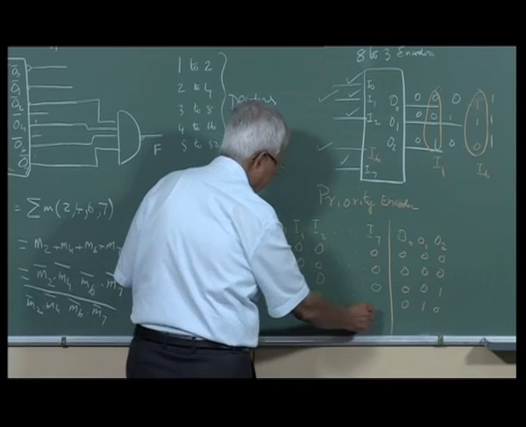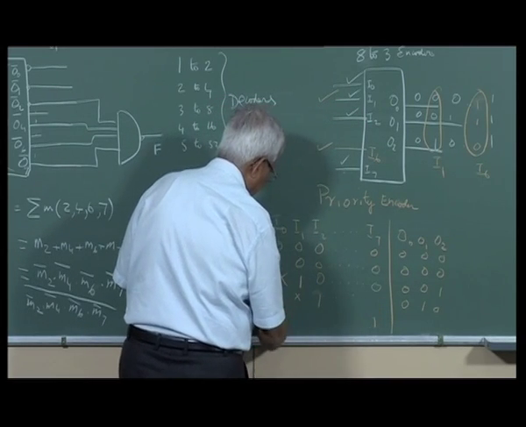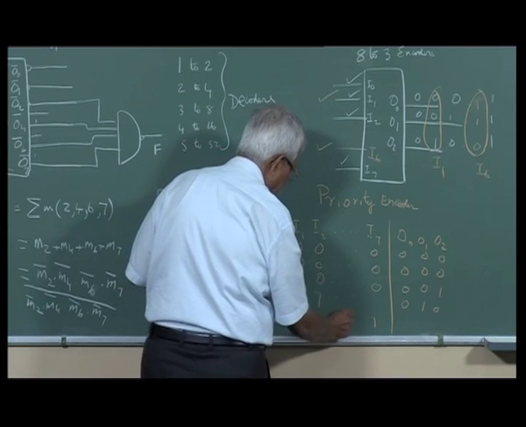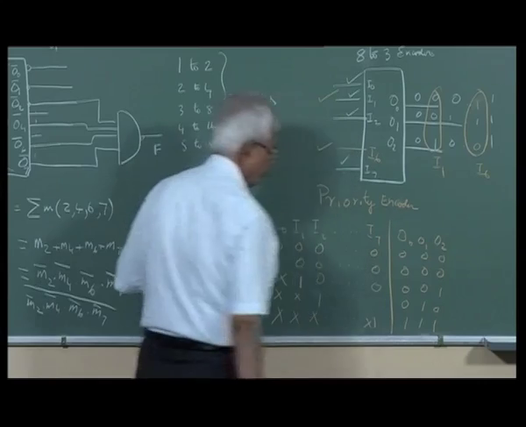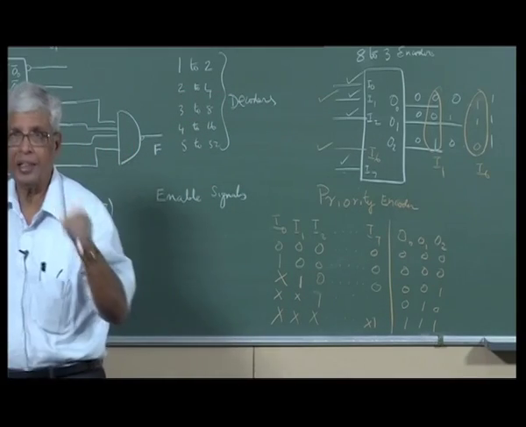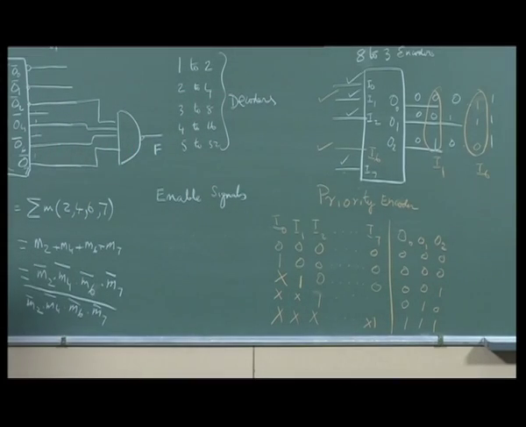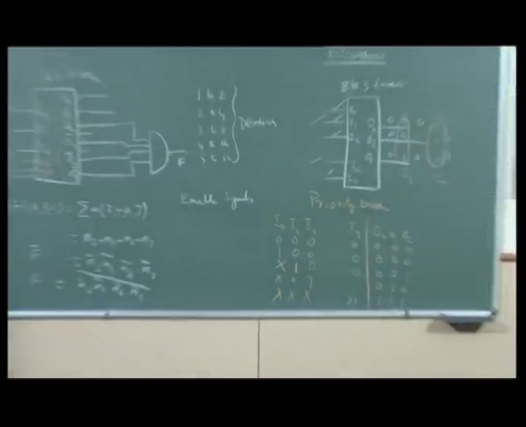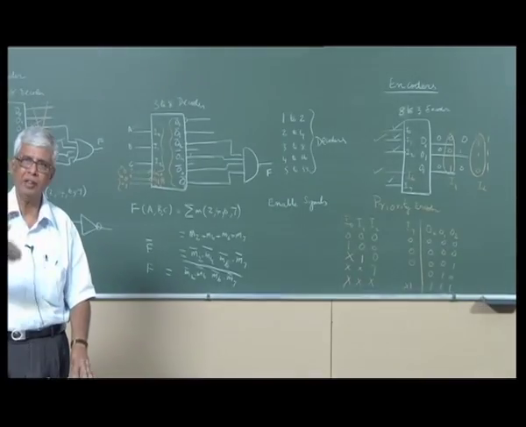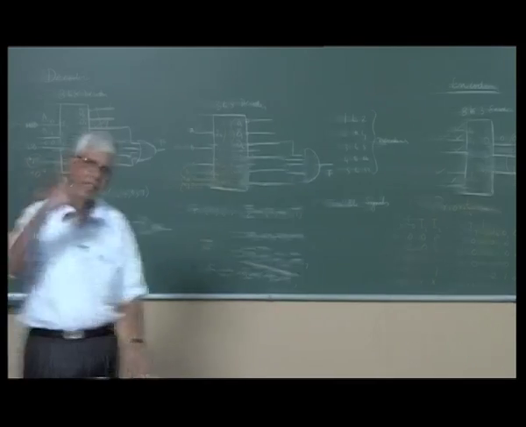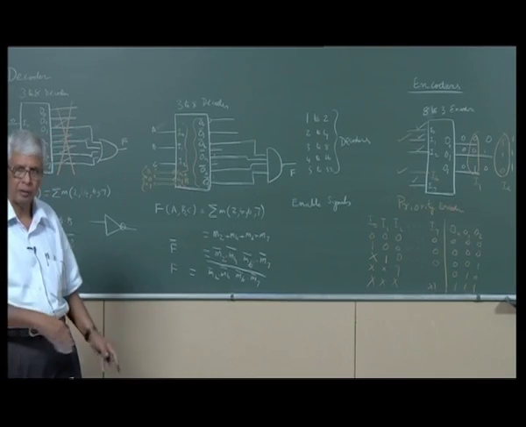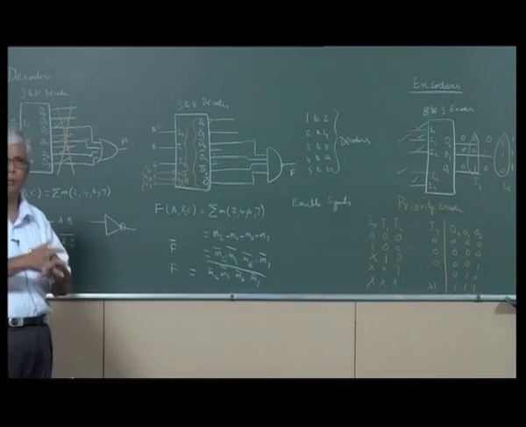When I7 is present, whatever happens to the other inputs, output will be 1, 1, 1. This is called a priority encoder. The one with a higher priority will give the output. The priority is not always the higher one. We can also have a lower one. But normally we put it a higher one.